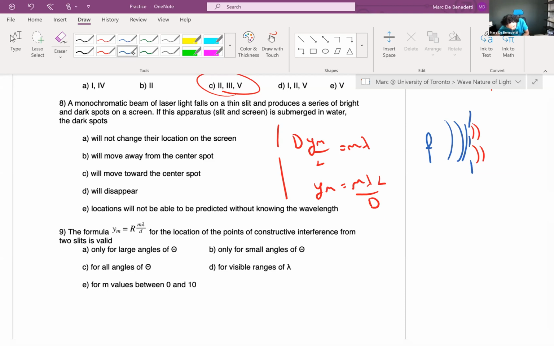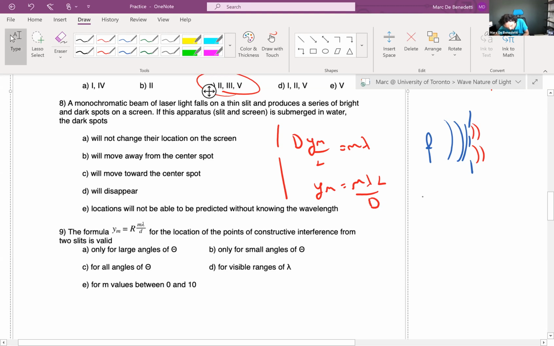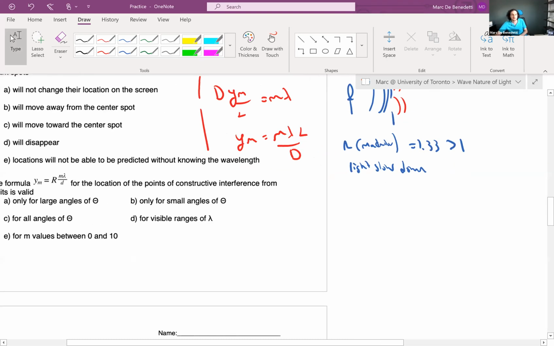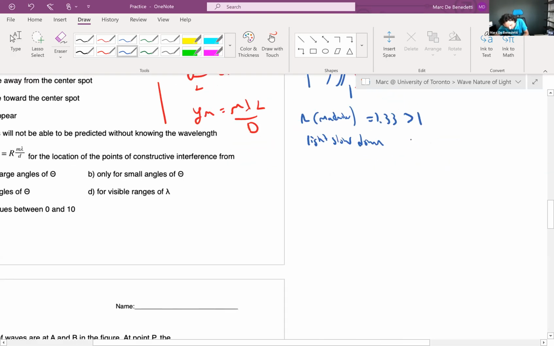In water, you will remember that the index of refraction is a function of material. The index of refraction of water is 1.33, which is bigger than 1, which means light will slow down. V equals f lambda, and the frequency is constant.